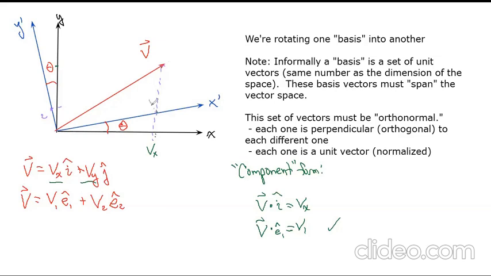If I just slide that projected angle down, I get a right triangle here. And this is basically how much of what used to be Vx that I'm now turning into V1. So if you take this picture, and you squint at it, what you're left with is this equation.